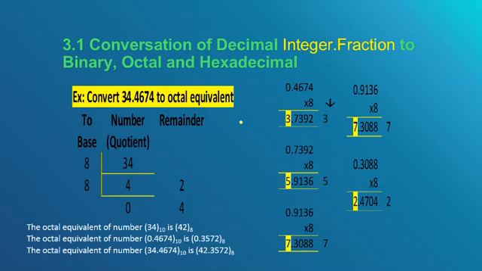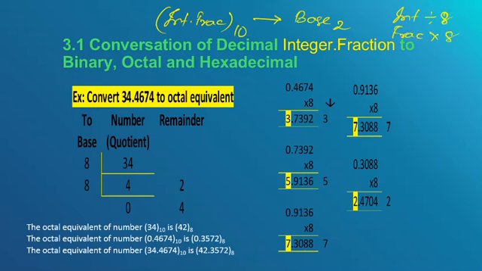Same number we have taken. So again, the integer and fractional decimal number is converted to base 8. Here the integer part will be divided by 8 and the fractional part will be multiplied by 8. So 34 to the base of 10 divided by 8, we get 42, so it is 42 base 8.